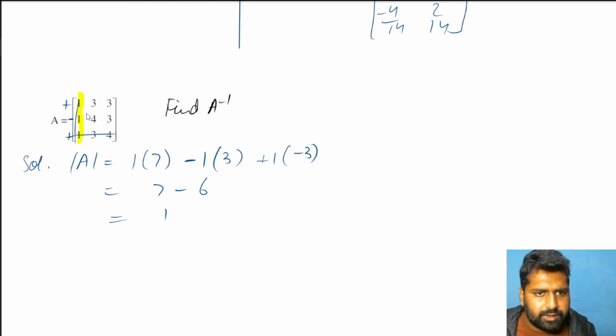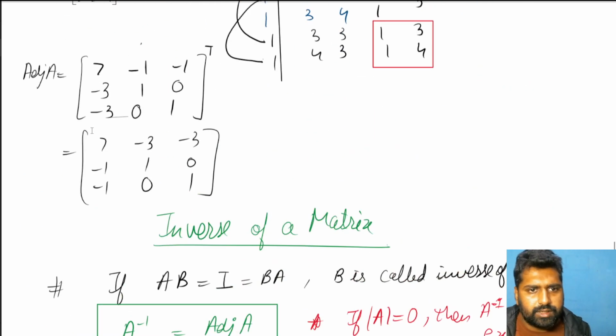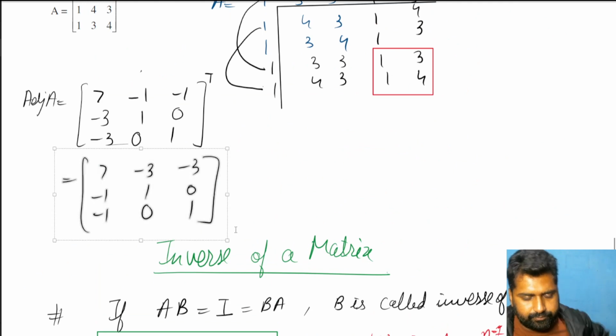Okay, so let me check. 1 into 16 minus 9, 7, minus 1 into 12 minus 9, 3, then 1 into this, yeah. And finally the adjoint of A we have already calculated, so just copy that.